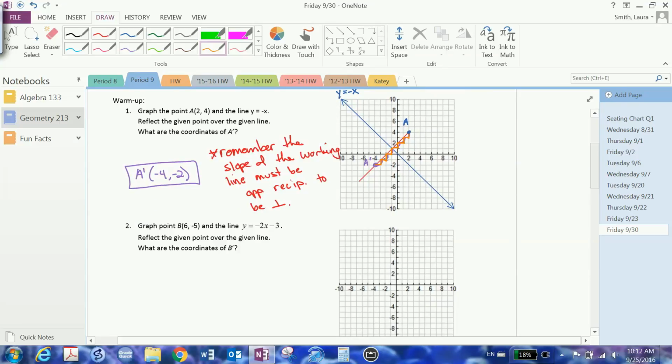So now we're going to graph point B, which is at (6, -5). Remember, you can pause this video anytime if I'm going too fast. And my line of reflection is y equals negative 2x minus 3. Y-intercept of negative 3, fall 2, run 1. Fall 2, run 1.